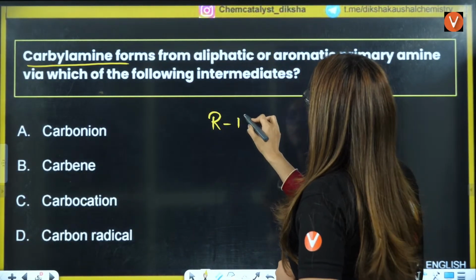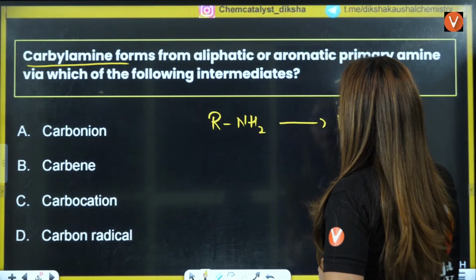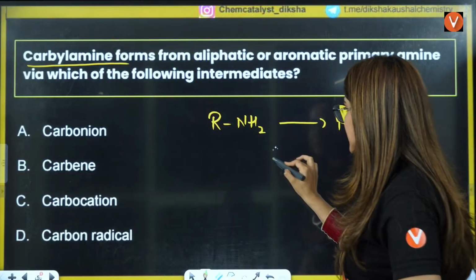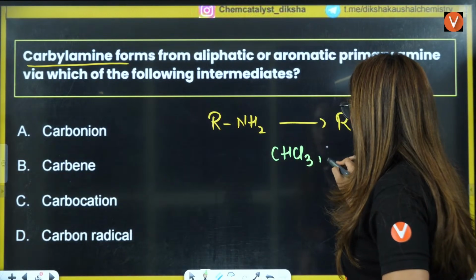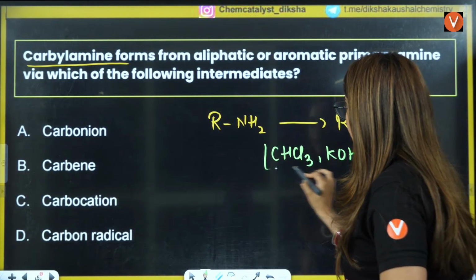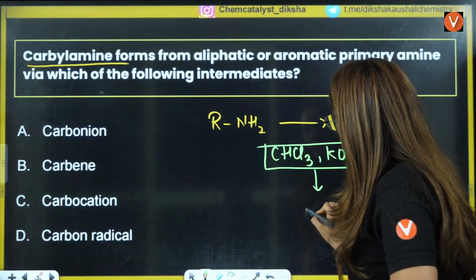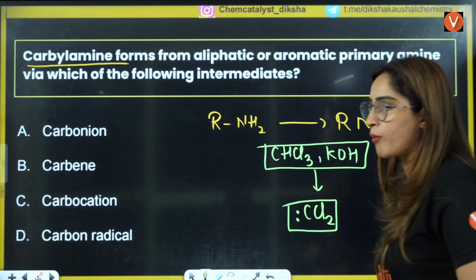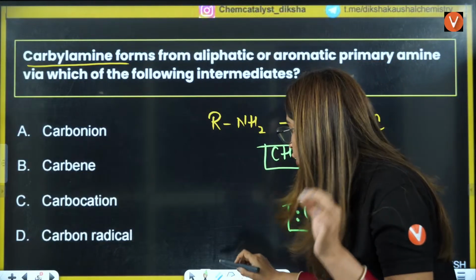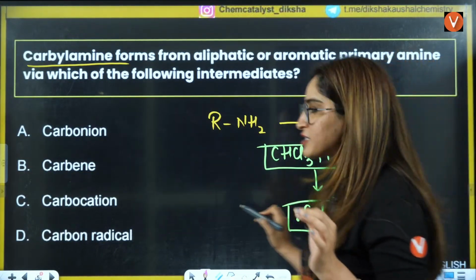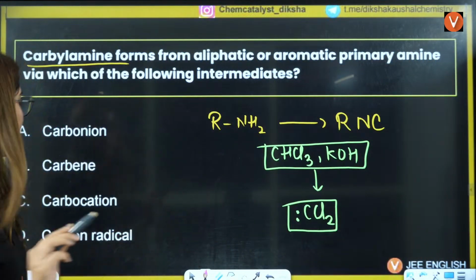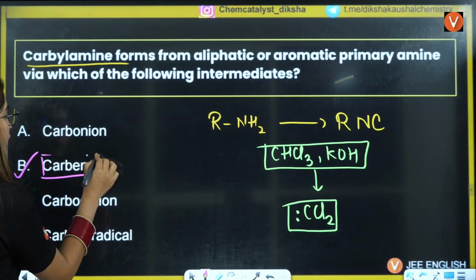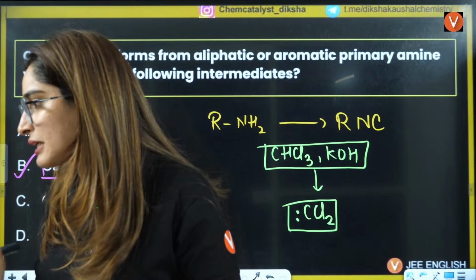And here we know that we use CHCl3 and KOH as the reagents, that is the carbylamine test, and it gives rise to CCl2, that is the carbene, dichlorocarbene. So the answer will be carbene, that is B is going to be the correct answer.